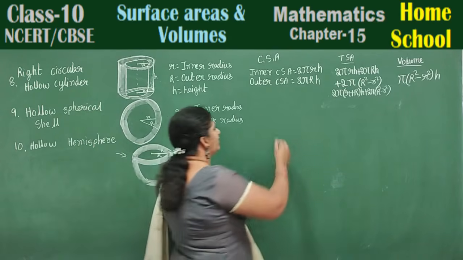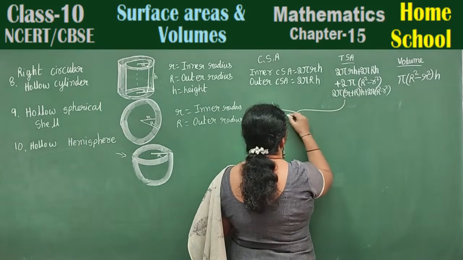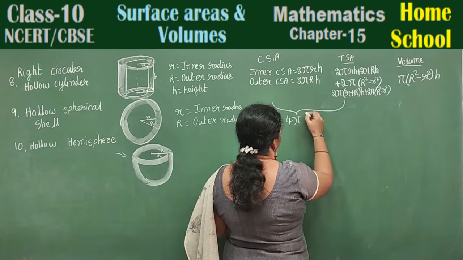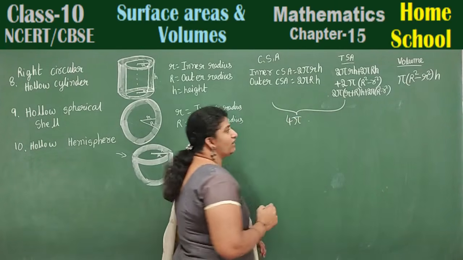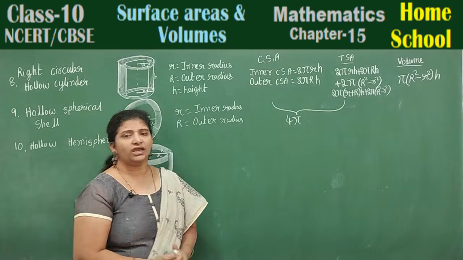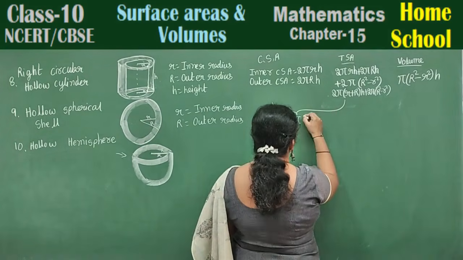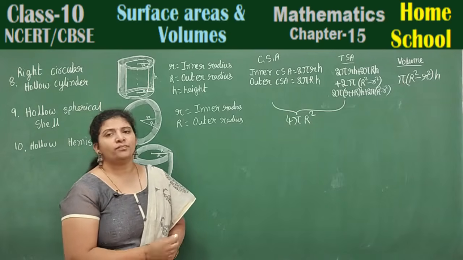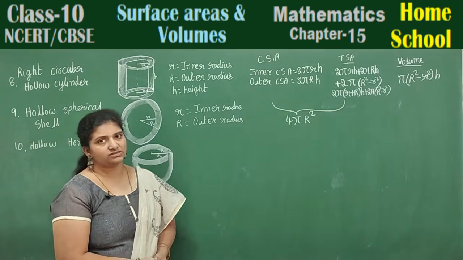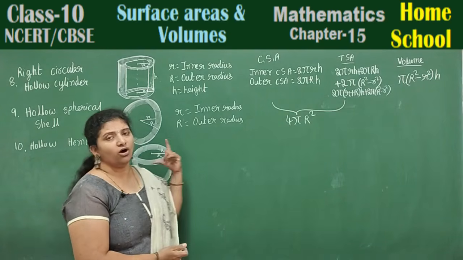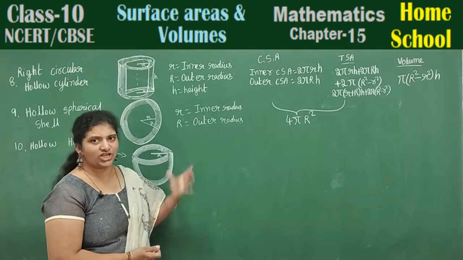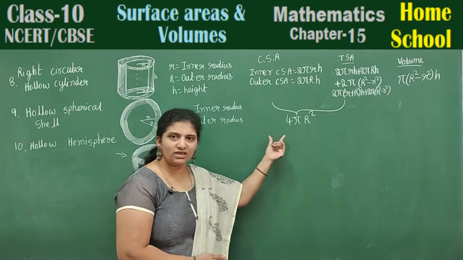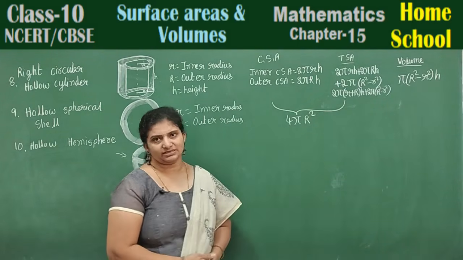Same, CSA and TSA will be 4 pi r square. Which r do I need to take? We need to take the outside r, that is capital R. 4 pi R square units is the surface area of the hollow spherical shell. Same thing for CSA and TSA.